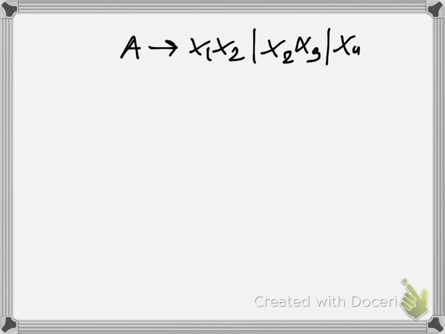So when you have a choice, suppose I have x1, x2, x3, x4, x5, multiple choices of productions for A. At some point in my parse tree, I have to expand A. Now, which of these productions is to be used?